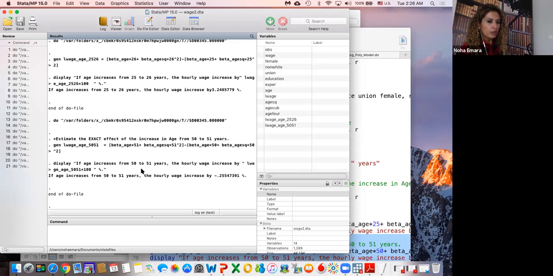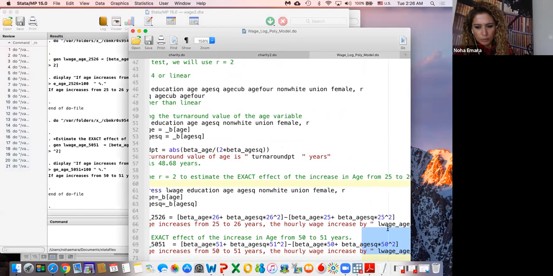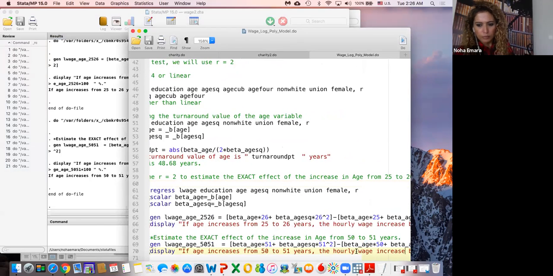Now, if the person's age increases from 50 to 51, the hourly wage would increase. It actually is going to decrease. It's negative, right? I should write change by negative 0.25 or 26%, 0.26%. Okay, so would change because it's not going to increase.